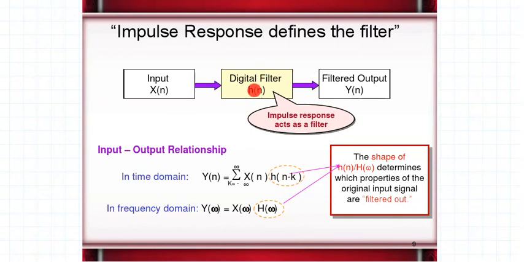The filter is completely described by the impulse response, and therefore we say that the impulse response acts as a filter. Whatever modifications you make to your impulse response, you correspondingly get the filtered output y[n]. So filter design means designing the impulse response of the filter, and therefore we say the impulse response defines the filter.